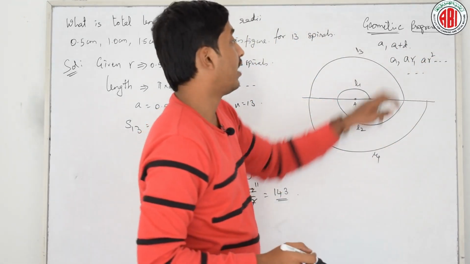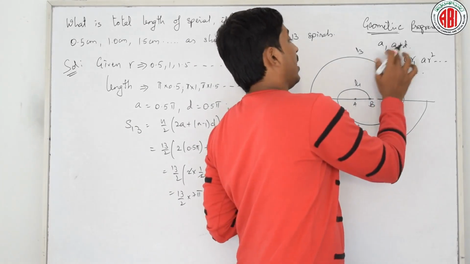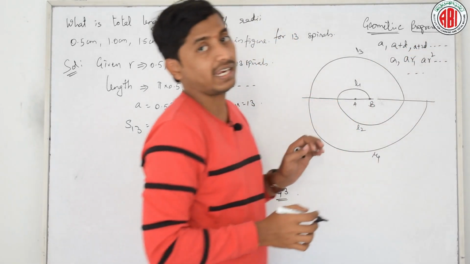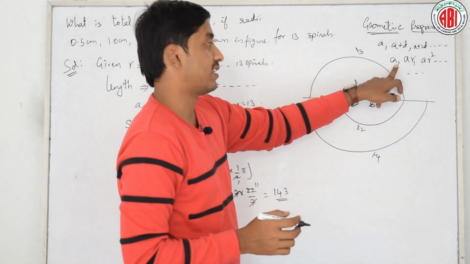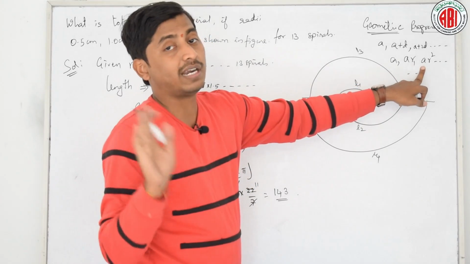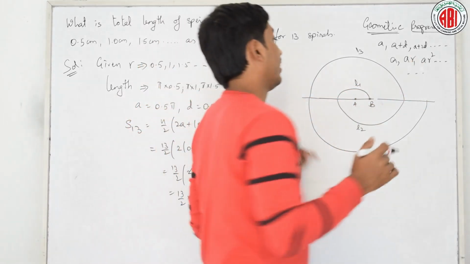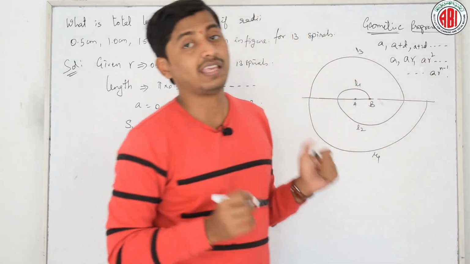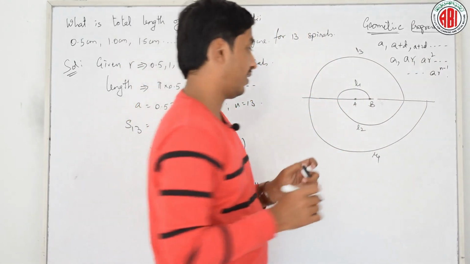If you see here, A plus 1D, A plus 2D and so on, right? Whereas in GP, if the first term is A, the second term is multiplied by 1R, the third term by 2R, and finally the term will be AR power n minus 1. This is my GP, isn't it?